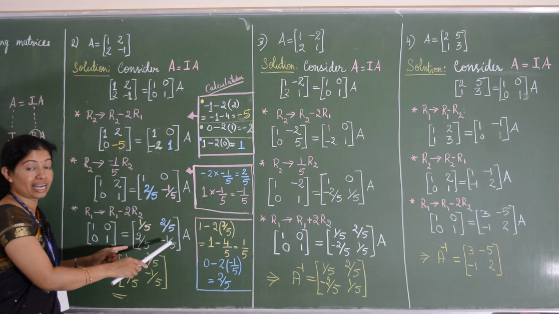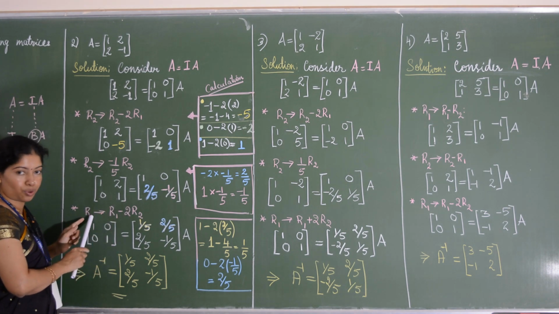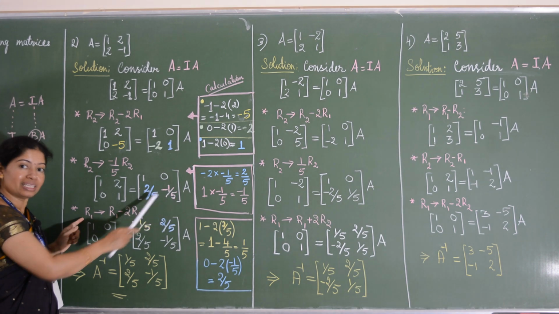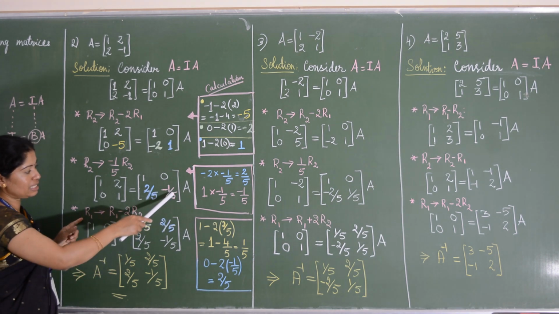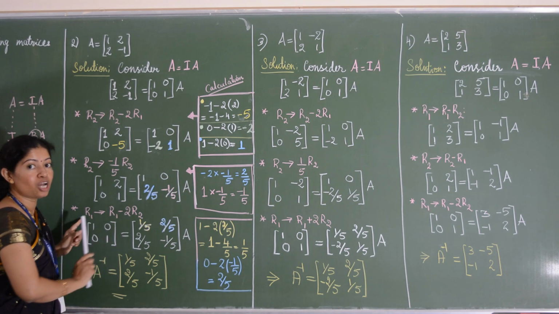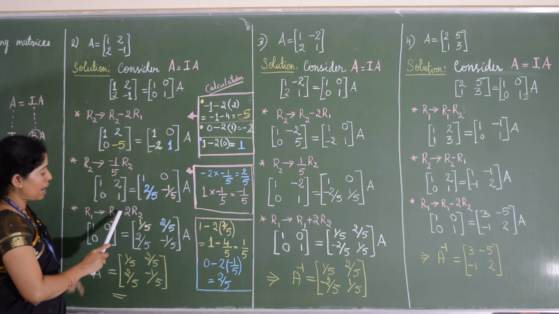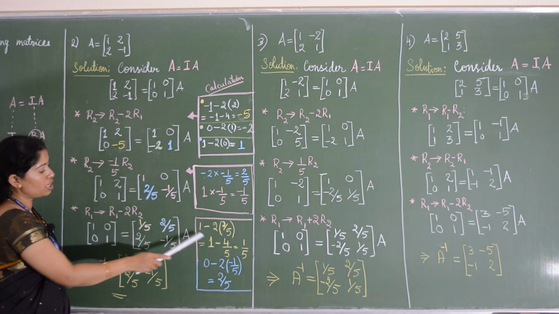Coming to the right side, again you need to apply the same operation to the first row. But the second row will remain the same. So copy 2 by 5 as it is, minus 1 by 5 as it is. Apply the operation only to the first row. So it is 1 minus 2 times 2 by 5.